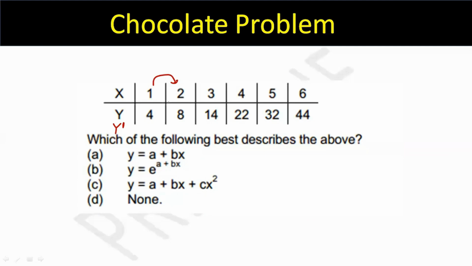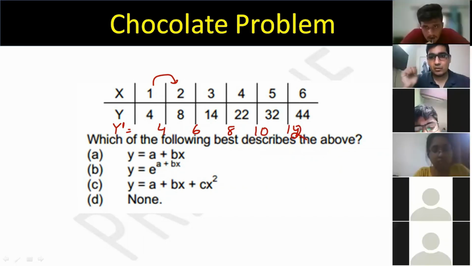So for a unit change in x, y is changing by 4, right? So you have 4 here, then 6, 8, 10, and 12. Is everyone clear? Which means first derivative is not constant. If first derivative is not constant, it cannot be a straight line.